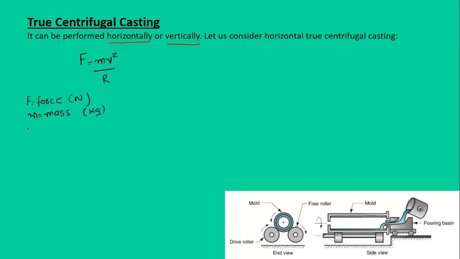Then v is the velocity here, and r is the inside diameter of the mold cavity.